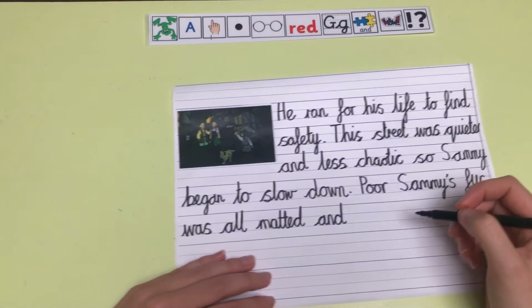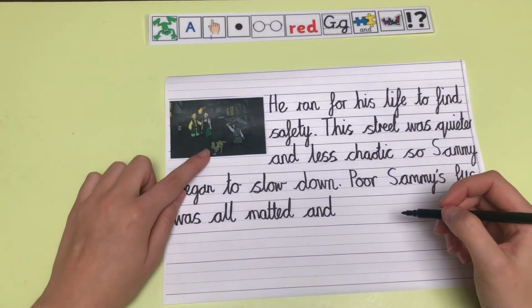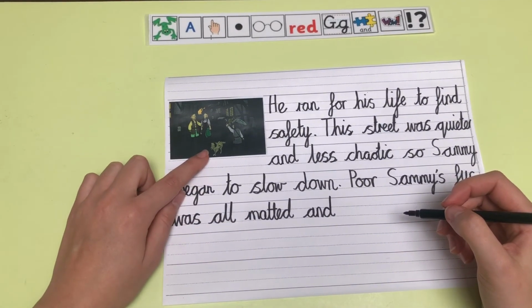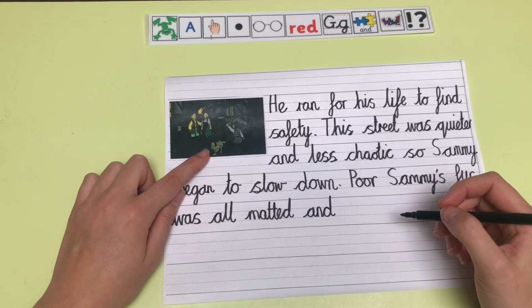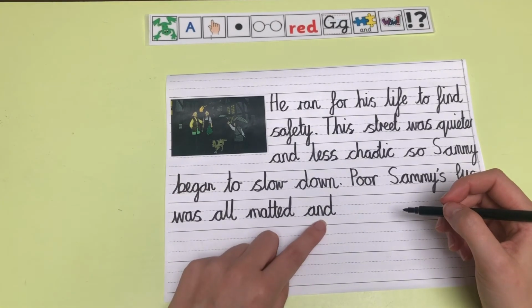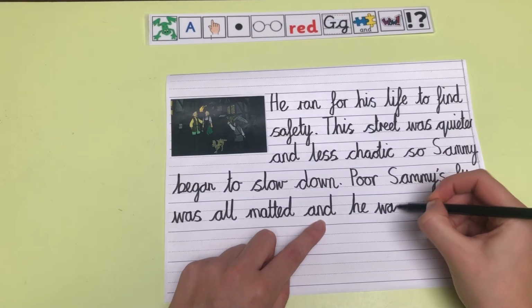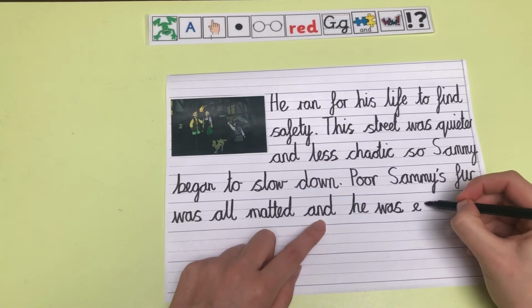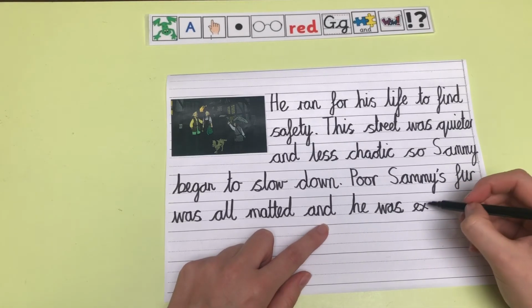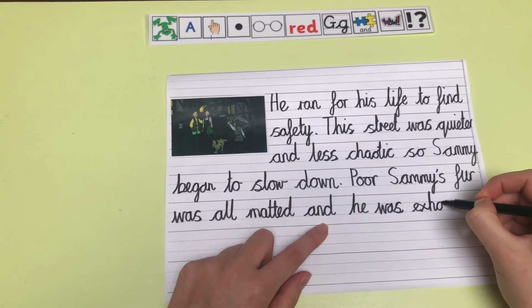And I remember he was exhausted, so he went to find a quiet corner in the street to have a rest. And he was exhausted. So I've used a better word than tired. I have used exhausted.